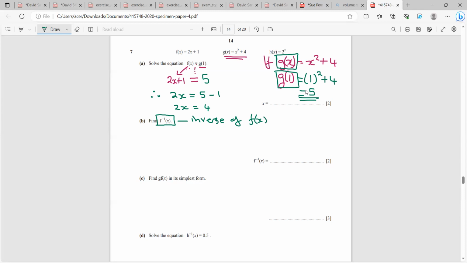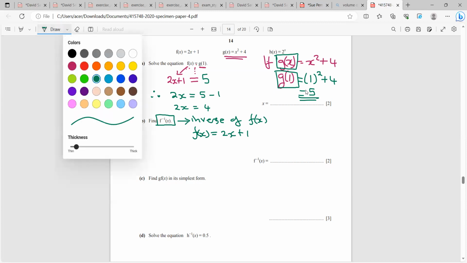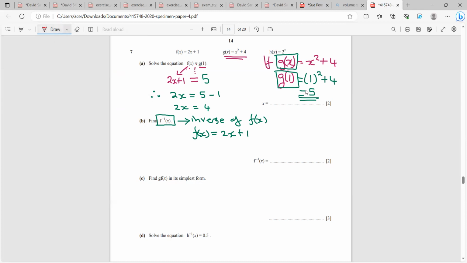And for you to find the inverse, I told you last time that you need to use a change of subject. So f of x is 2x plus 1. Now, you change the notation from this functional notation and just write y. So we have y equals 2x plus 1.